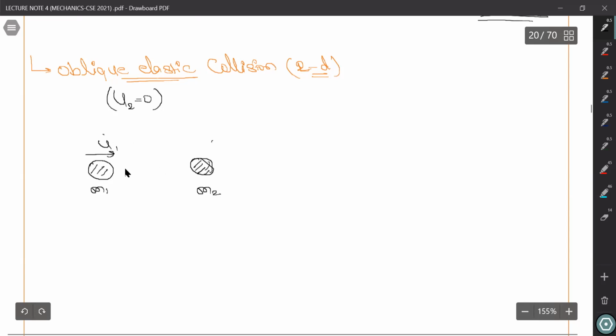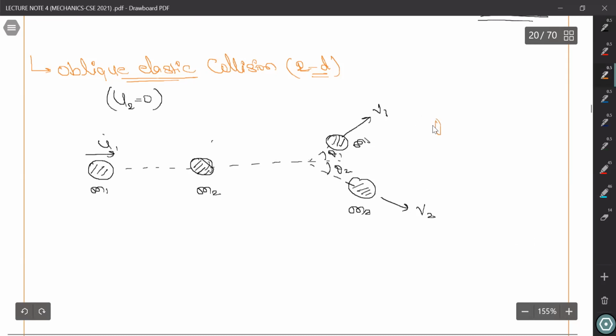And what happens after the collision? m1 goes in this direction with v1, and m2 goes with v2 in this direction, and this is theta 1, and this is theta 2.